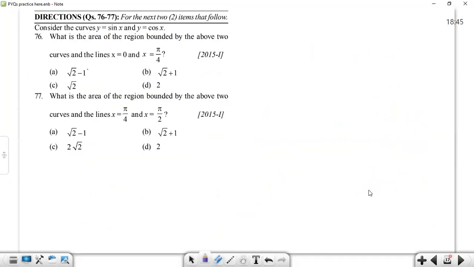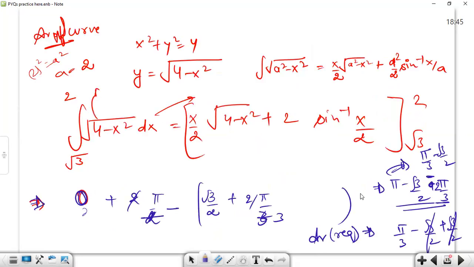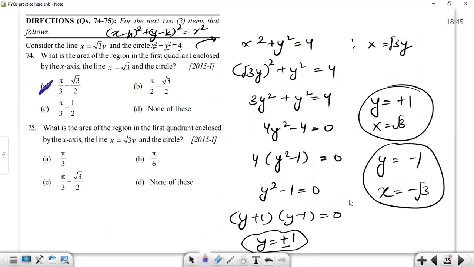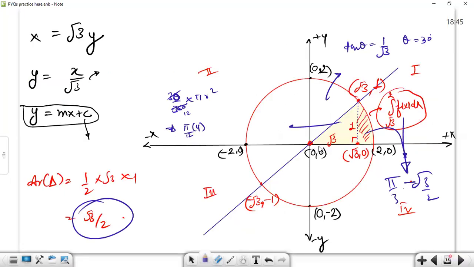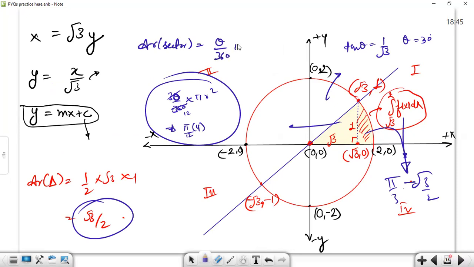Is this question clear? Yes. It's a bit complex and long because there are two questions in it. So you will get 5 marks by just solving this graph properly. You could also, without going into integration, if you have drawn this graph carefully, simply use the geometrical formula where we find the area of a sector in a circle by theta by 360 into pi r square.